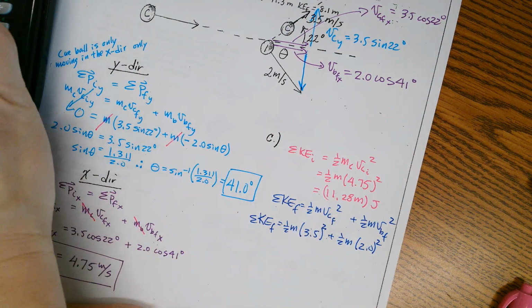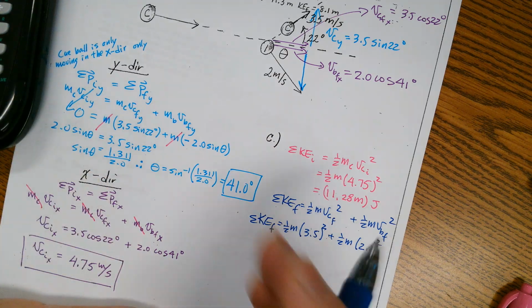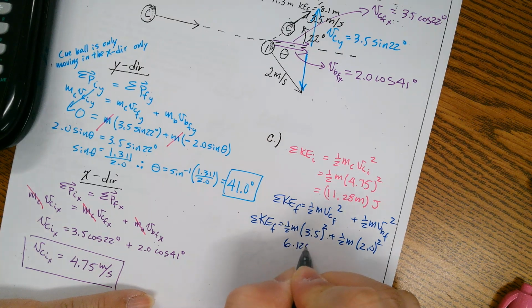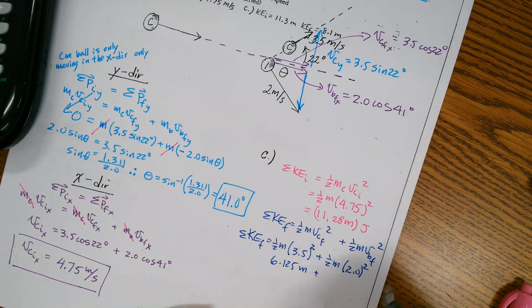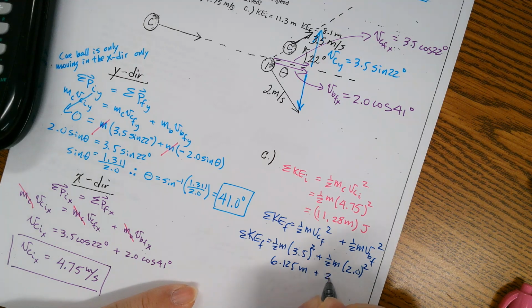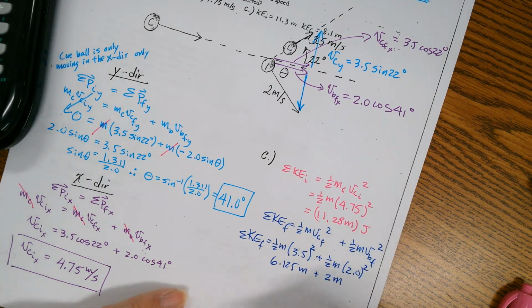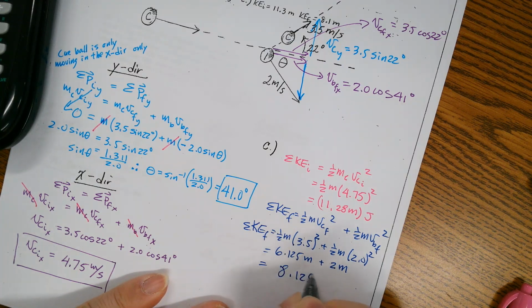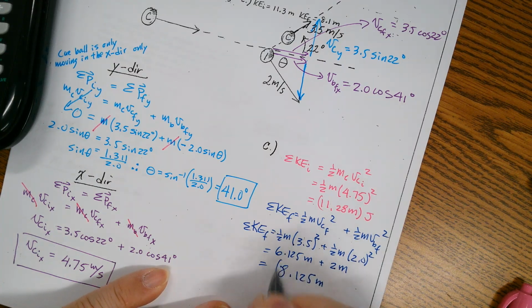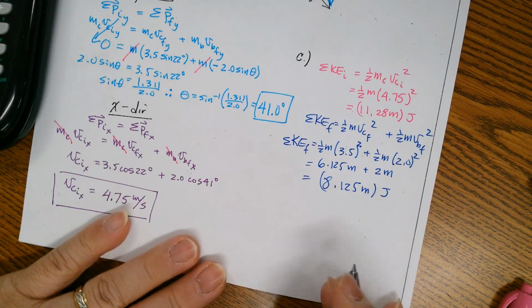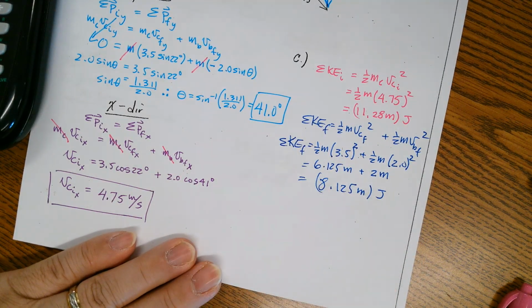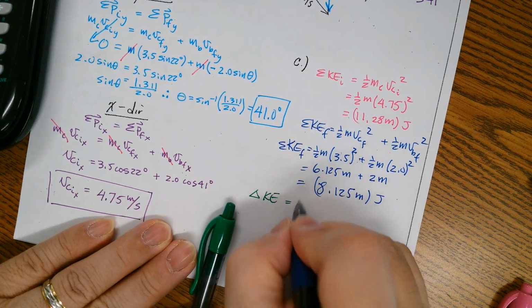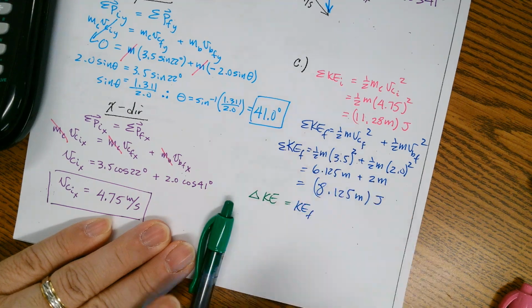So this becomes 6.125 m plus 2m. Therefore, this is 8.125 m joules.